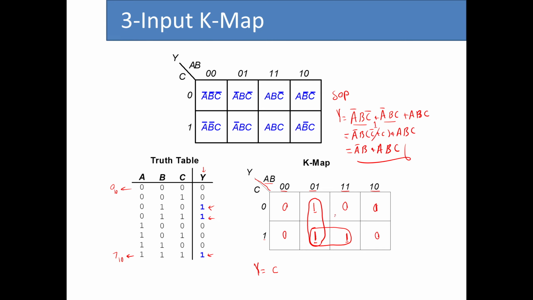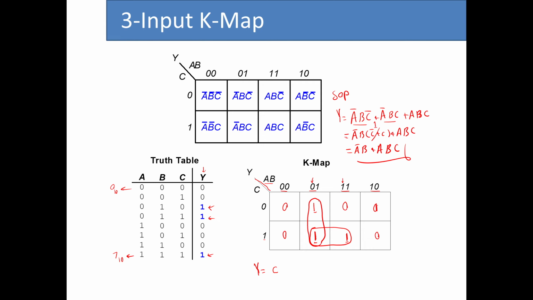What about the value for A? The value for A is changing. So you have A to be 0 for this one, and also you have A to be 1. So since you have both the variable itself and its complement, that means that this variable is not going to be included in the Boolean equation, or more specifically in the term associated with this circle.